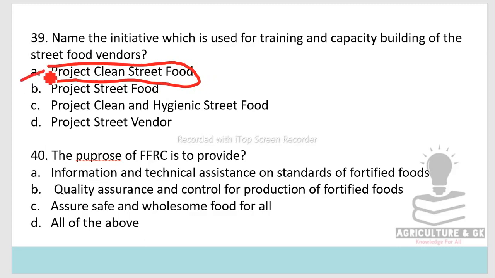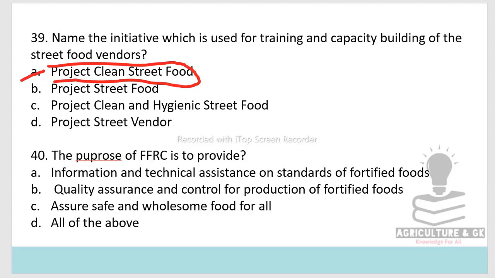Now moving next, the purpose of FFRC is to provide. So FFRC is Food Fortification Resource Center. So what is its purpose?